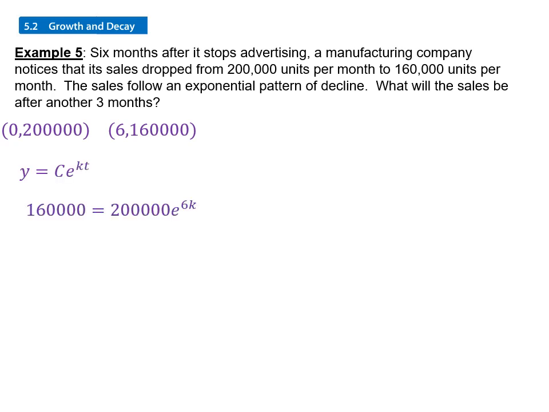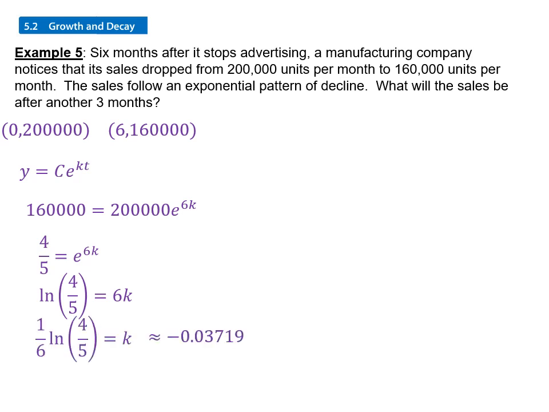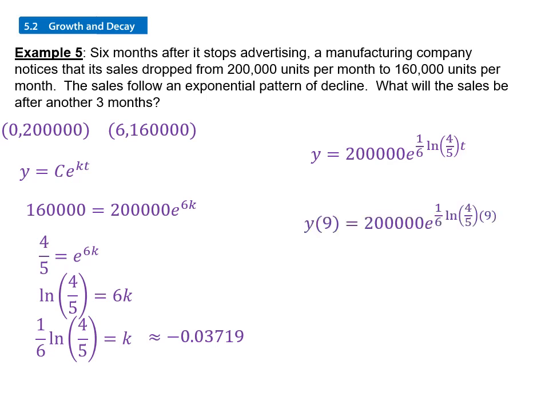Plug in what we got. Solve for k. So dividing, we get 4/5 equals e to the 6k. Rewrite as a log, and then divide by 6. So that's what our k is. Now just plug in 9 months, because that's another 3 months after the 6 months. We get about 143,109 is where it'll be.